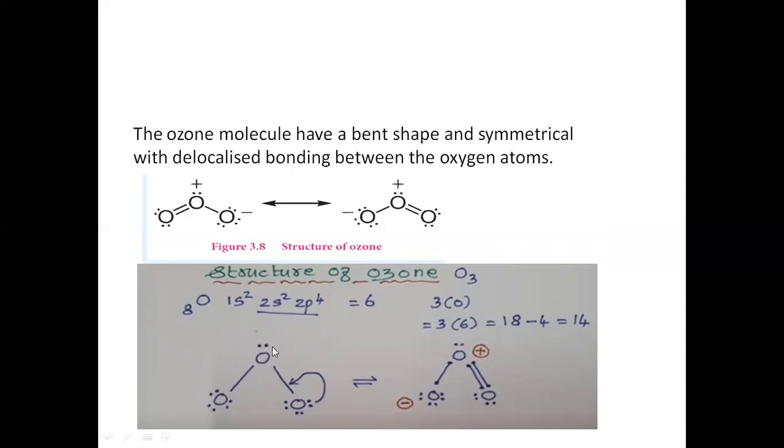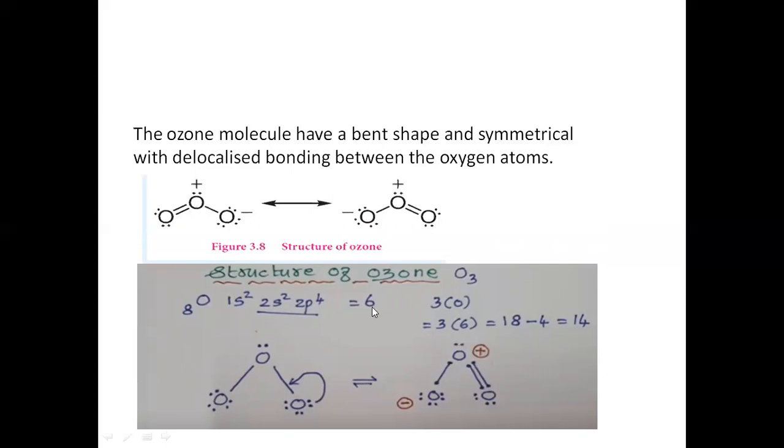Each atom needs to satisfy the octet rule. See this one: these 2 electrons are shifted to this side. How many electrons does this oxygen have now? 1, 2, 3, 4, 5, 6. This oxygen has 1, 2, 3, 4, 5, so only 5 electrons.